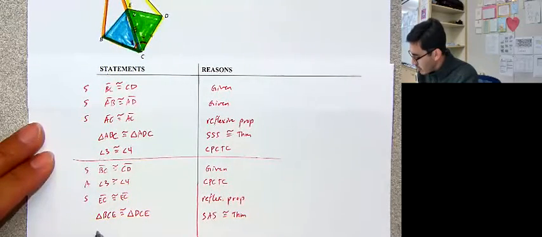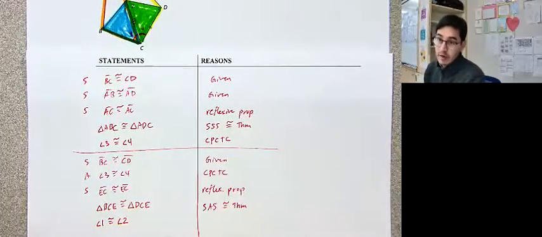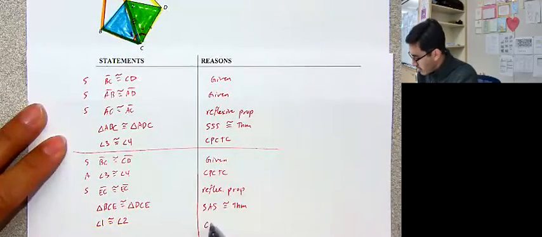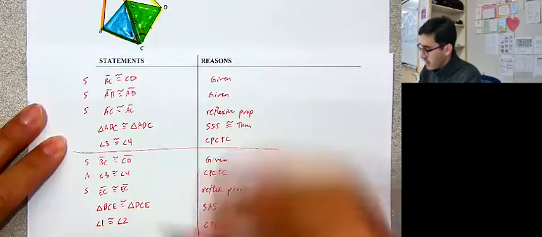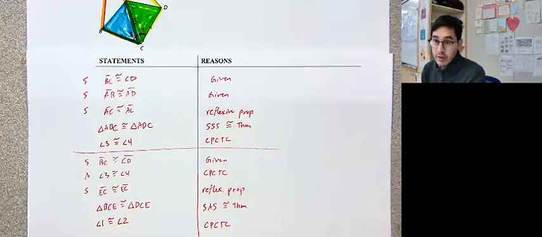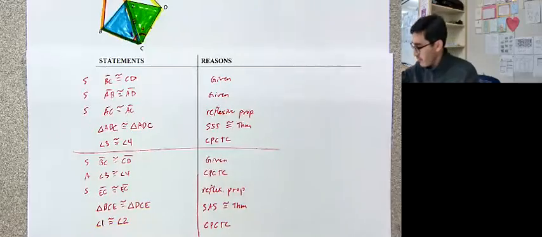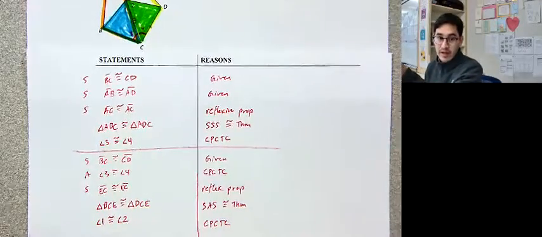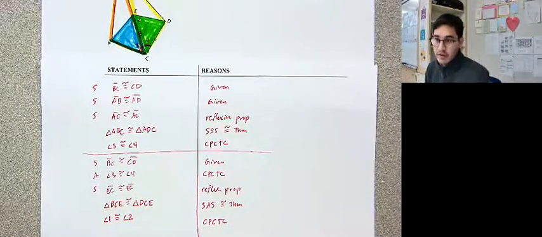So our last statement is angle 1 is congruent to angle 2. That's what we were trying to prove all along, and our reason is CPCTC. These two angles belong to congruent triangles, so they are also congruent. So there's the whole proof in all its glory.